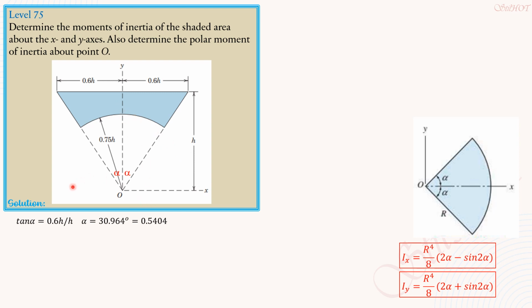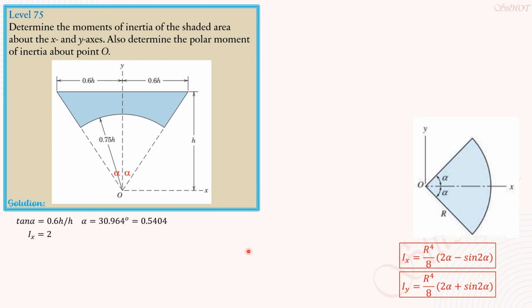Therefore, the moment of inertia of this shaded area with respect to the x-axis is the moment of inertia of this triangle times 2, where the formula is base times height cubed over 4, with the base being 0.6h for this triangle, multiplied by 2 because we have two identical triangles, minus the moment of inertia of this sector with respect to the x-axis, which is the moment of inertia of this sector for this orientation with respect to the y-axis. So minus Iy of the sector.